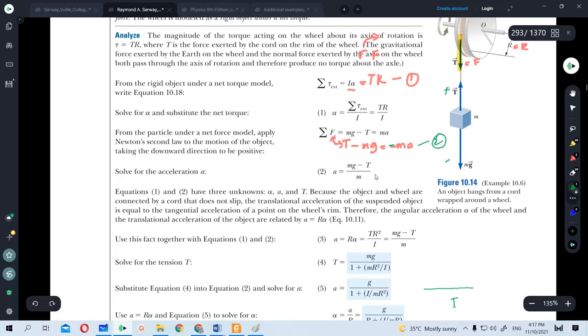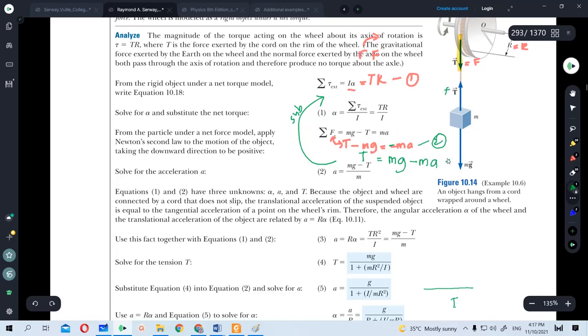You can follow the steps given here, or what you can do is isolate the T, becoming mg minus ma. Now this expression we are going to substitute into the first expression.